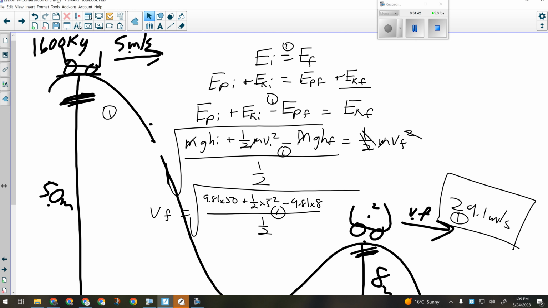Sometimes I get super crazy with the marks, and I give 2 more for various steps in between. So show your work. That way, if you do make a mathematical error on your calculator, you still get 5 out of 6 or 7 out of 8. Definitely worth your while. If all you show is a number and it's wrong, you get 0. And that would suck. I would not like to see that happen for you.